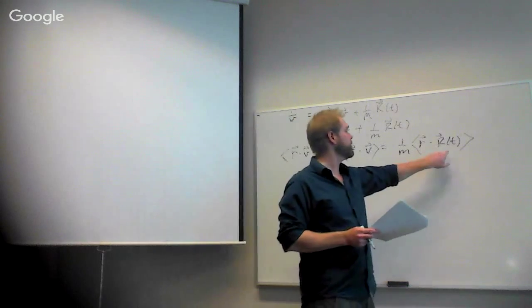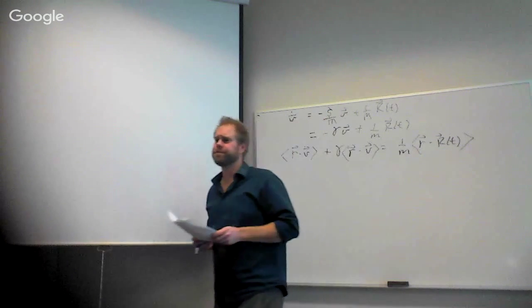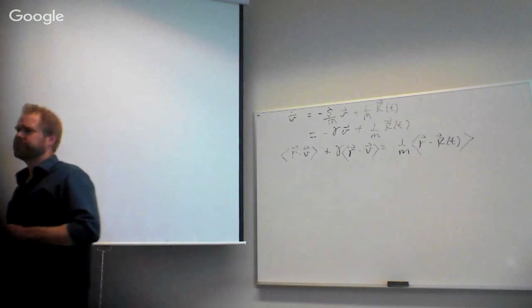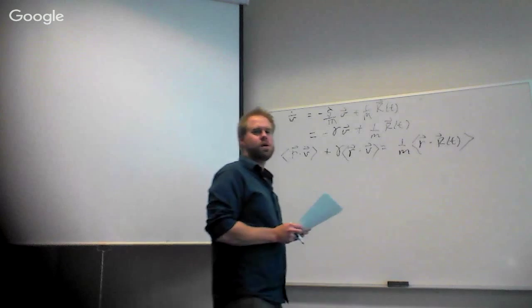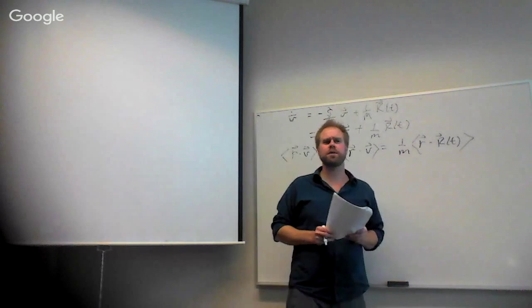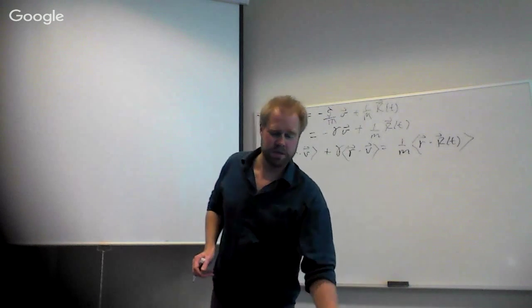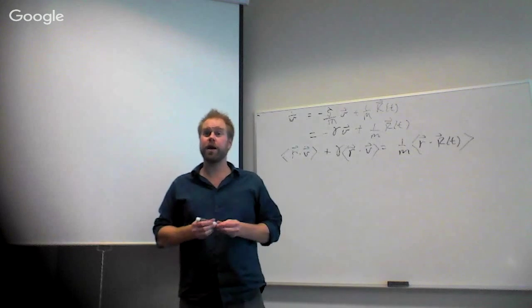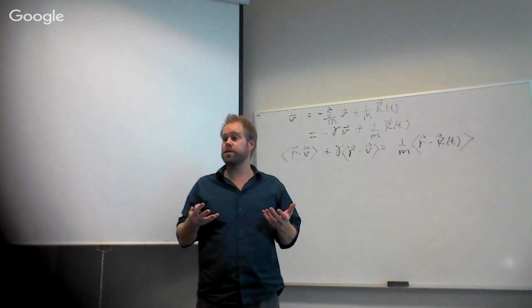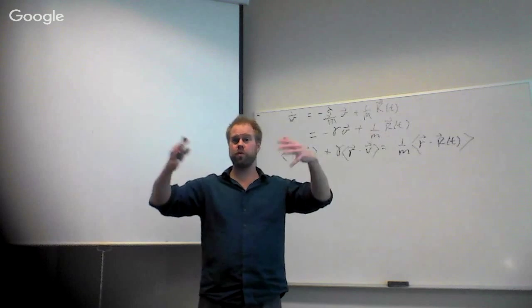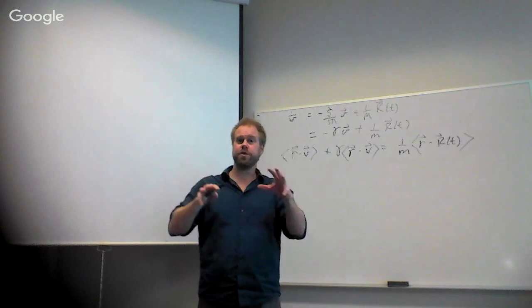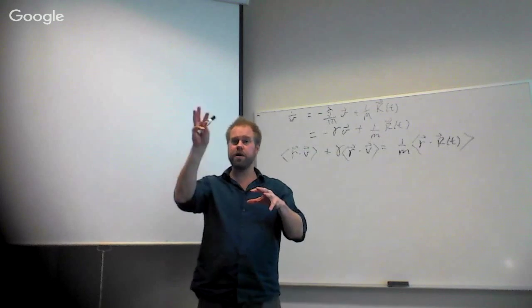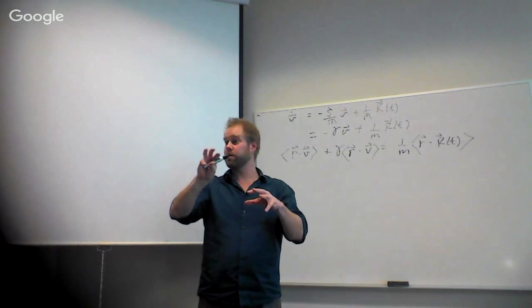Now, do we know anything about this term? Anyone want to take a guess? Zero. Yeah, why is it zero? The position is independent of the random term. Exactly. We're taking our noise to be perfect white noise. The random kicks of these other particles don't depend on the position of our particle.